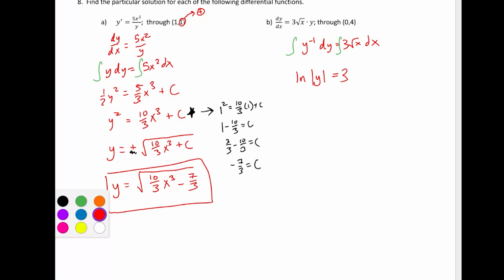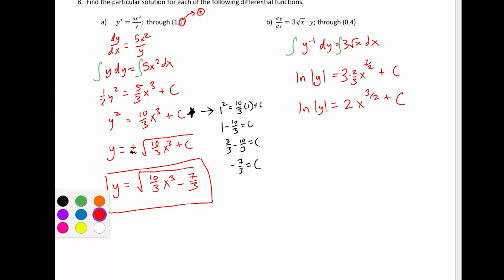So I have 3 times x to the 3/2, right? 1/2 plus 1 is 3/2. And then I need to divide by 3/2, which would be equivalent to multiplying by 2/3. And this one actually simplifies pretty nicely. 3 times 2/3 is just going to be 2. So let's go ahead and do that one little simplification here.